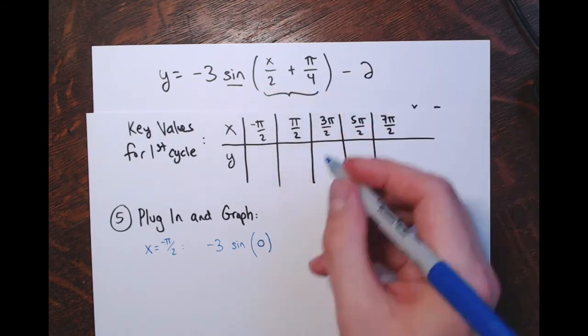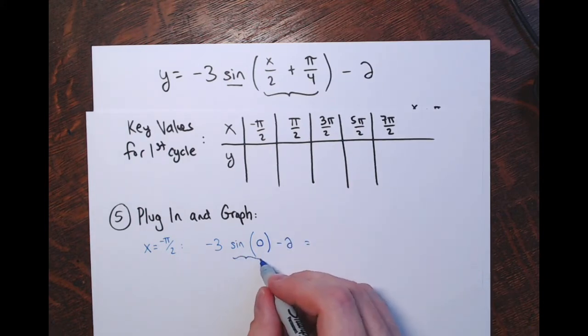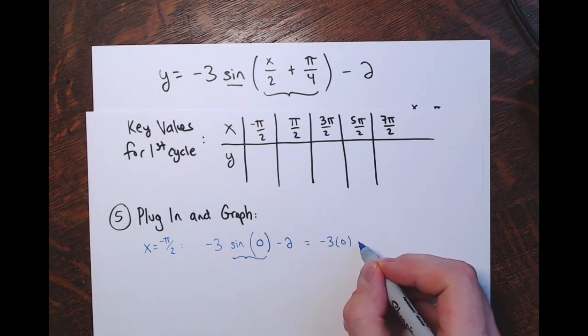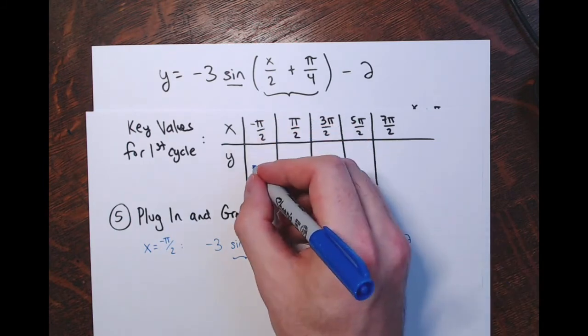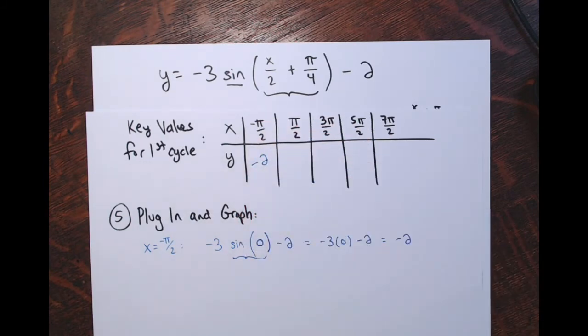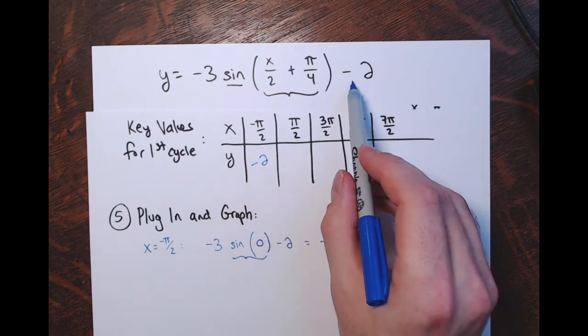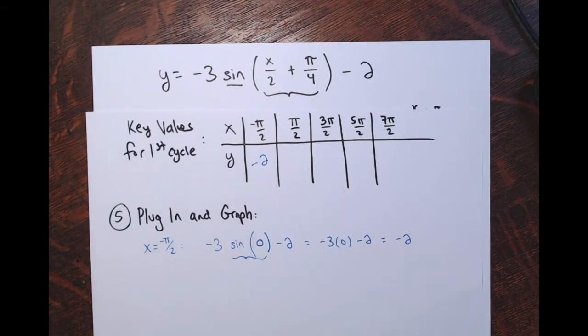And then you have minus 2 after. Now what is the sine of 0? That's just 0. This is negative 3 times 0 minus 2. So the output, when the input is negative pi over 2, is negative 2. And notice I'm starting at the midline, right? Remember, negative 2, this constant being added, is the midline. I want to start my sine waves on the midline, and I'll start the cosine waves at either the top of a hill or bottom of a valley.